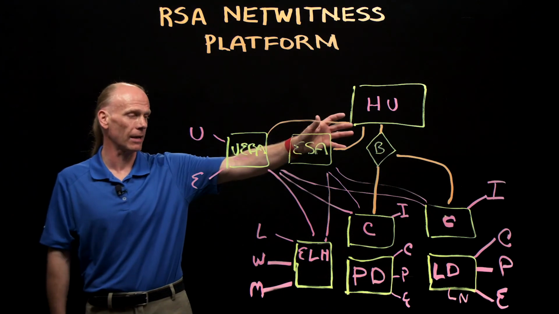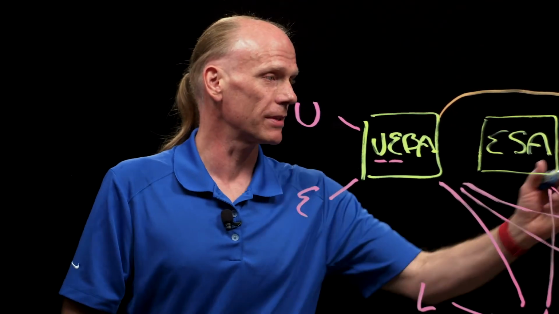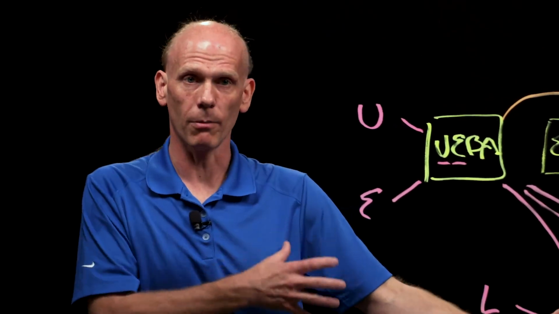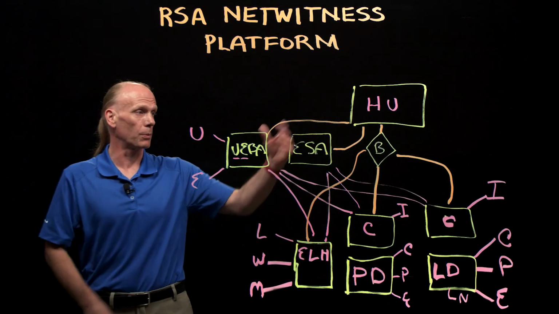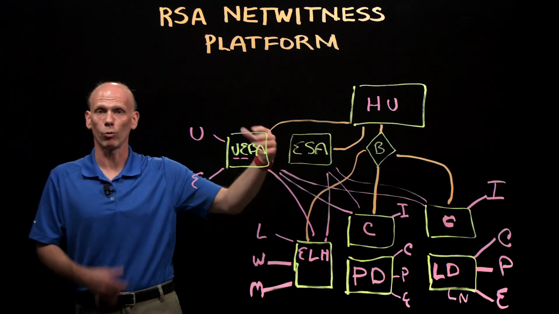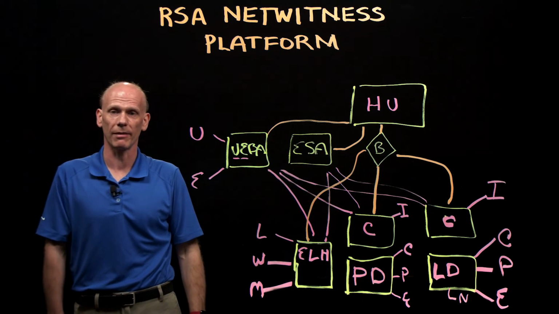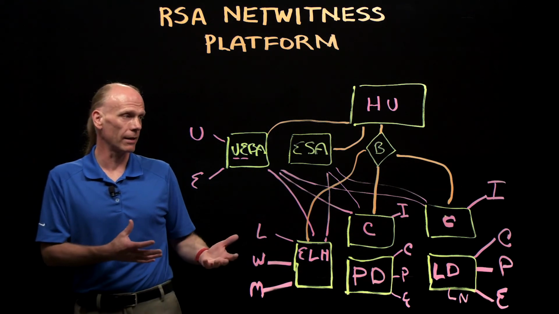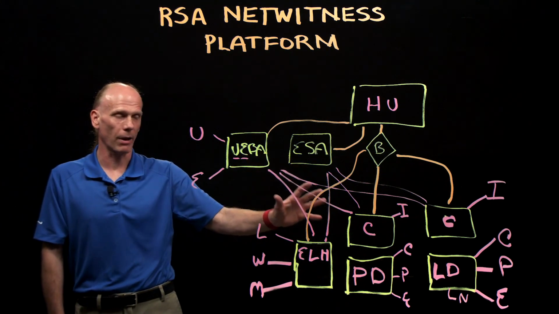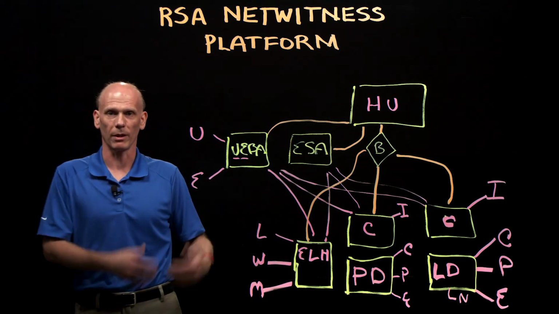I can log into the head unit and through my brokers analyze all of the data from my logs, from my packet, from my endpoint, be able to take a look at what's going on from a correlation perspective, both from rules that I have written or enabled that I downloaded from the system, or through my user entity behavioral analytics. This allows, again, for mitigating cyber risk by finding, detecting, and responding quickly within the platform.